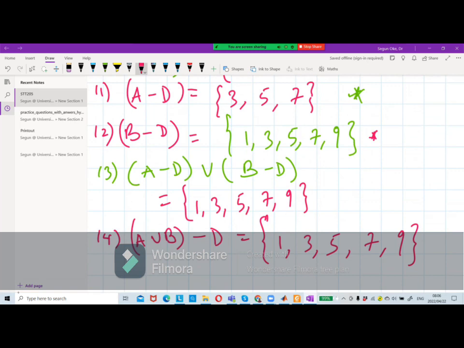So this is the first part of the set theory, and I believe any question you see from now on, you should be able to solve without hesitating.